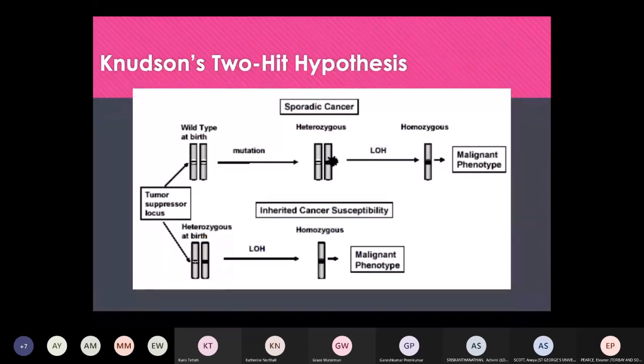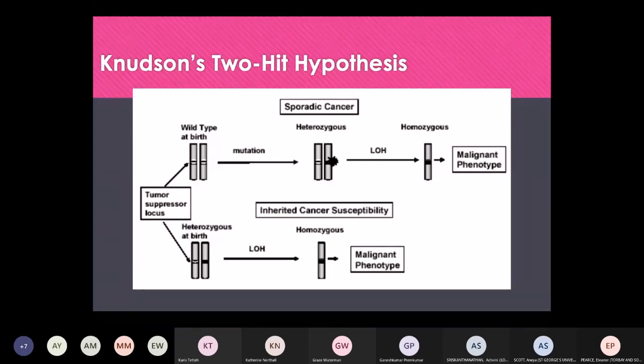And here is something called the two-hit hypothesis. So the top line is a sporadic cancer. So you've got two copies of a gene at birth, for example, and then one becomes mutated and defective, but you've still got one gene there that's not affected.